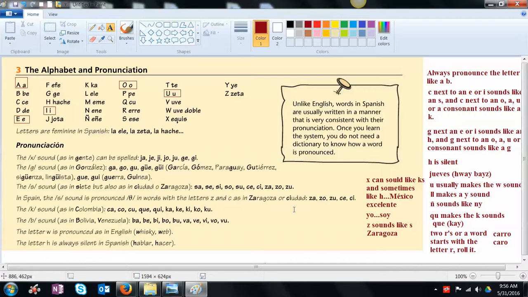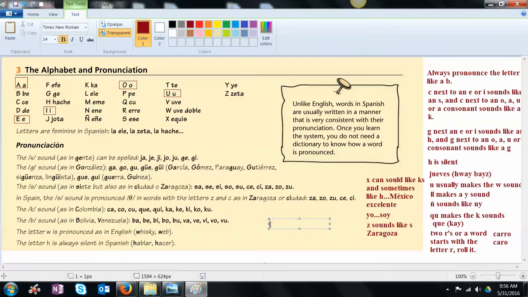In some parts of Spain, for CE and CI, and for Z, they'll make the th sound. So in some parts of Spain, they won't say Zaragoza with an S, they'll say it with a th. Instead of saying cinco, they say "thinco." So in some parts of Spain, whenever you see CE, CI, or Z, they make the th sound instead of the s sound, and that's called the ceceo.